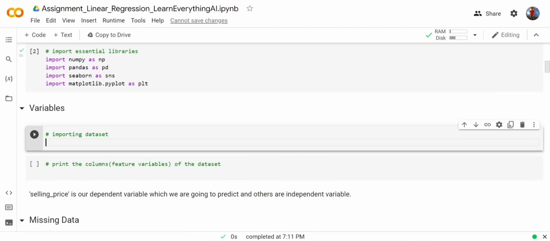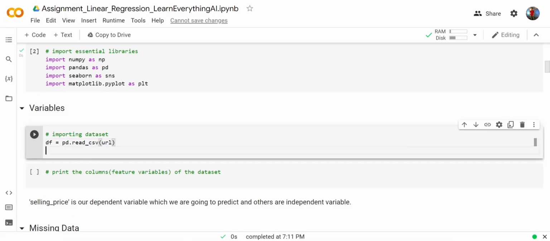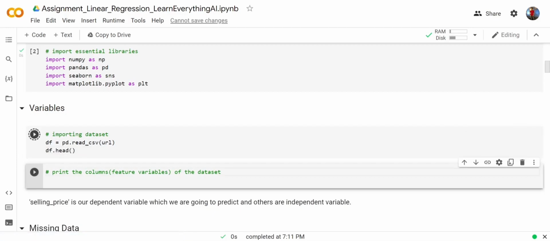Now we are going to import the data set in our workbook. So let us just do it using another of our old friends, the variable that we are always going to use.